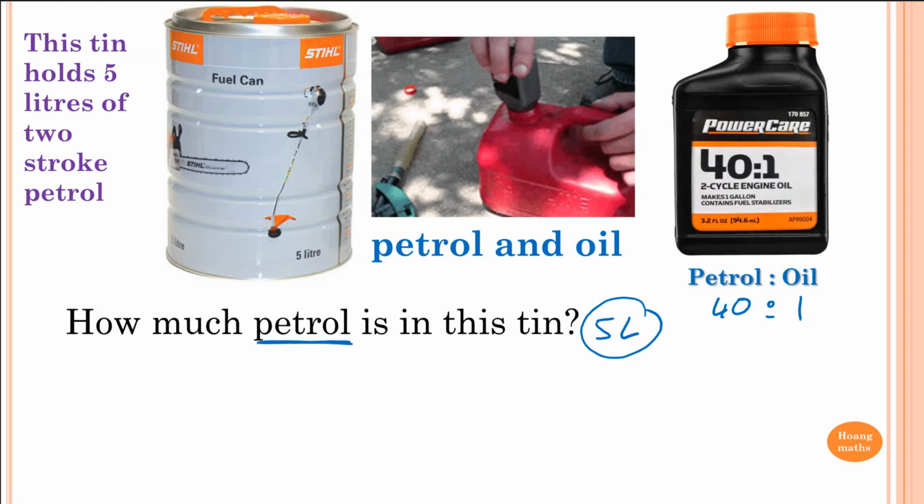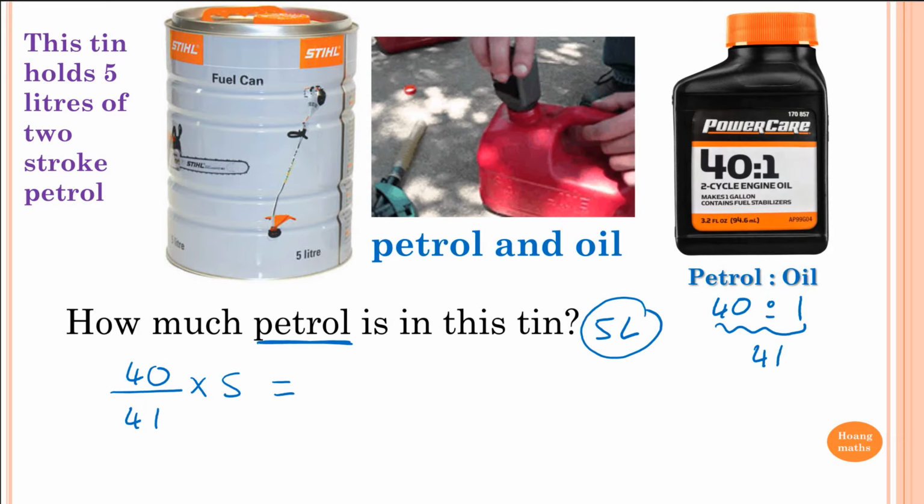So 40:1, and altogether it adds up to 41 parts. So the petrol is 40 out of 41. You times by 5 liters, because altogether it is 5 liters. So to look for petrol, just 40 over 41 times 5.